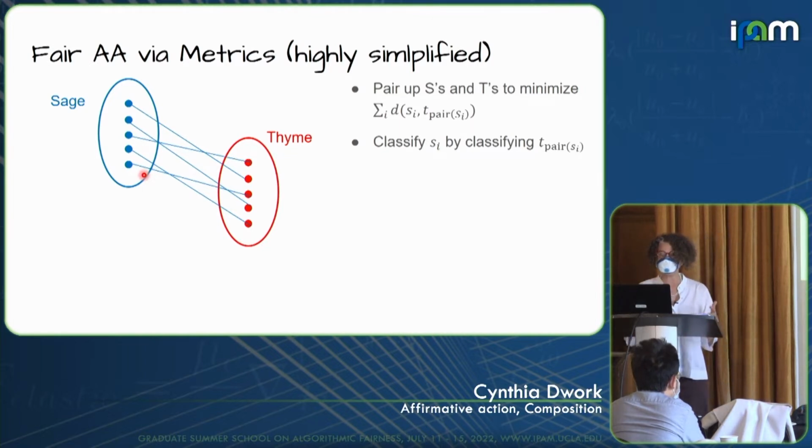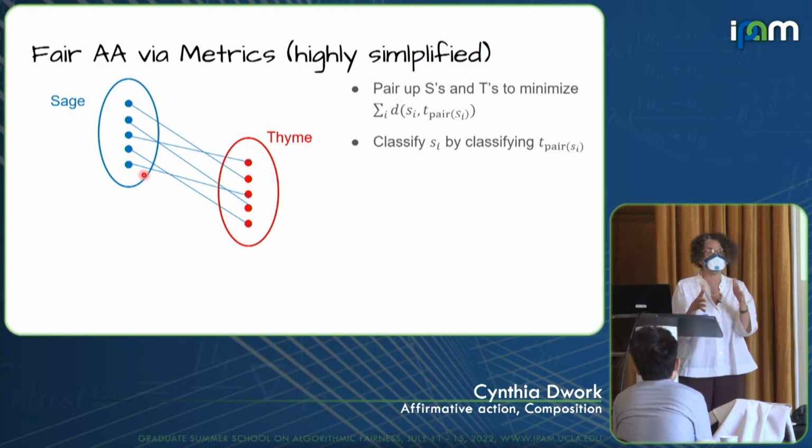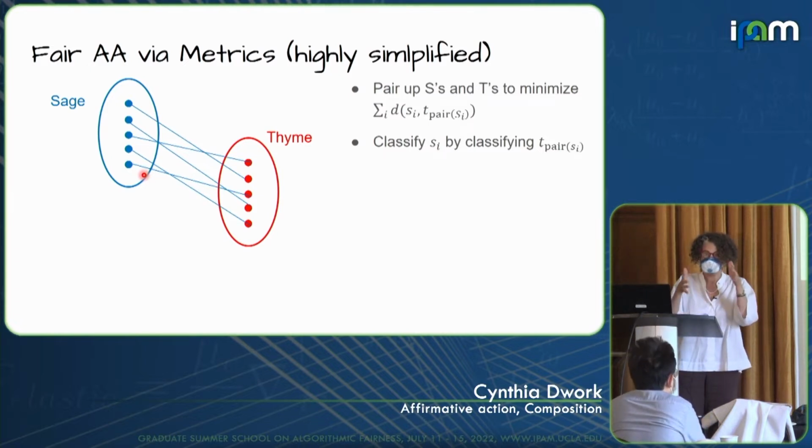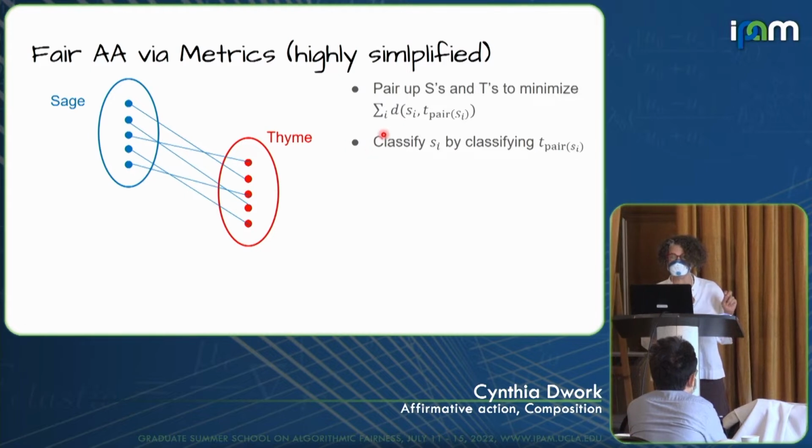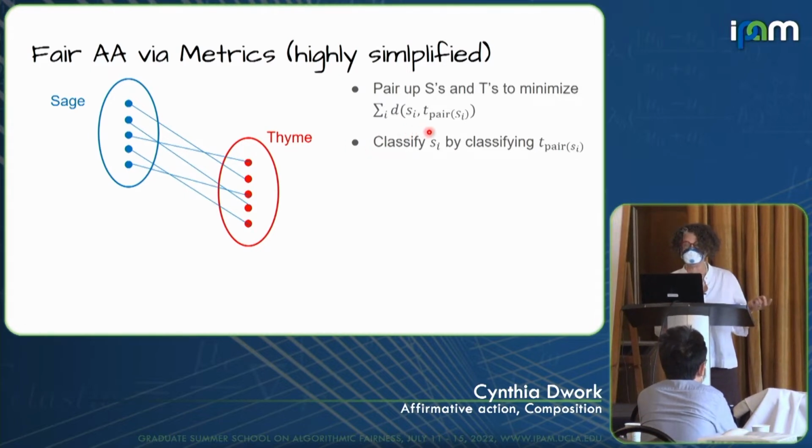And intuitively, what we're going to do is pair up members in S and members in T so that we minimize the cost of the matching, the sum over i of the d of S_i to T of the person that S_i was paired to.